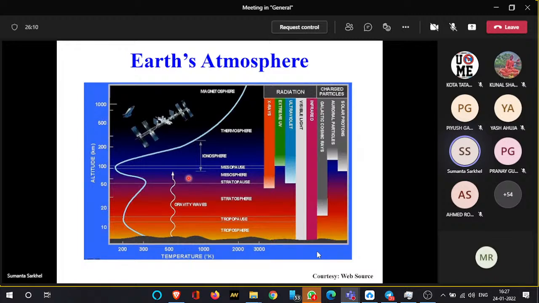And the same mechanism applies: if it is absorbed, one part of the energy will go into dissociating the molecules. If it is atoms, it will be ionizing the atoms, and another part of the energy will go into increasing the kinetic energy of these molecules and atoms.